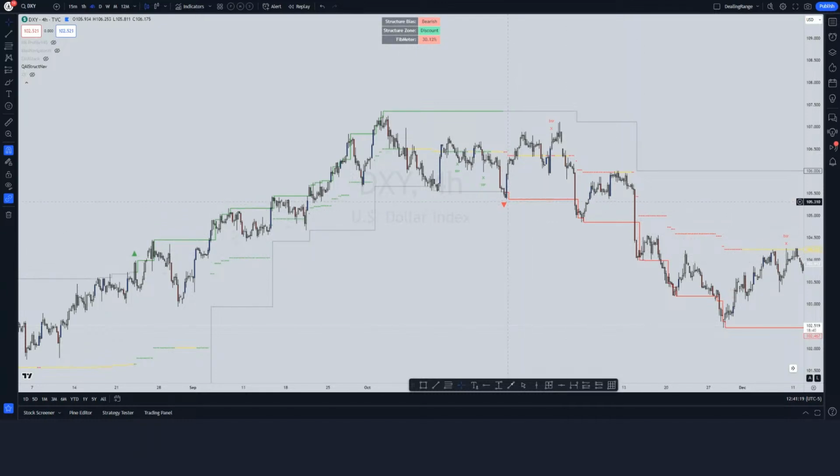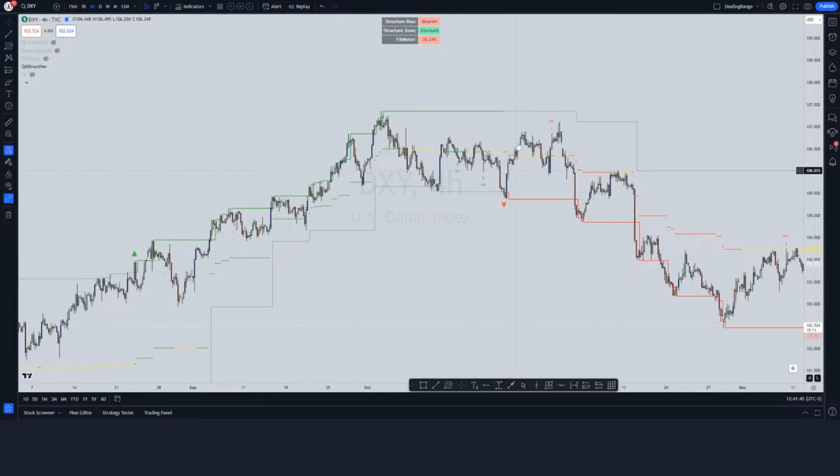So we wait for price to come up into or above the equilibrium point. The best entries when going short are when you are taking shorts above the equilibrium point of the dealing range.